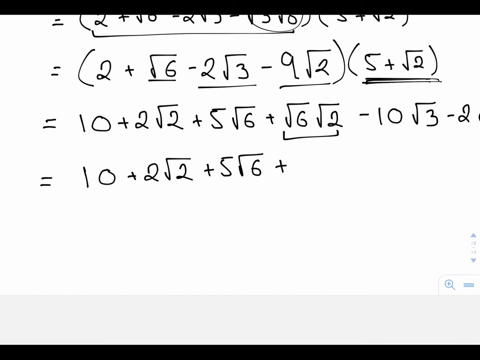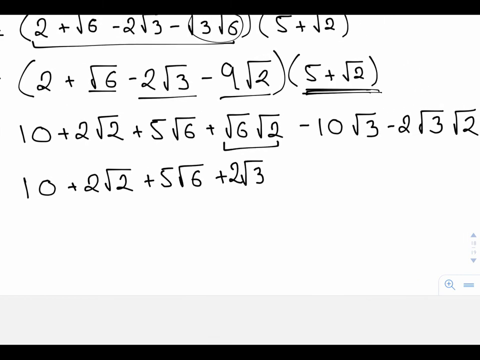This root 6 root 2, well, root 6 is the product of root 3, root 2. And if I consider that other root 2 at the end, these 2 multiply together to give me root 4, which ends up being 2. So I can put a 2 in front of that root 3. And that simplifies this term here.